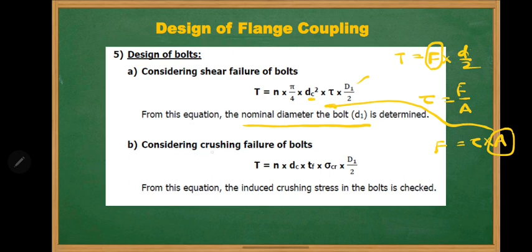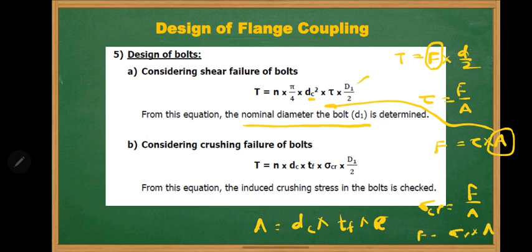Similarly, consider the crushing failure of the bolts. The crushing area is calculated by using the equation dc multiplied by tf, and the crushing stress sigma CR is given by force upon area. So the force becomes sigma CR multiplied by area.